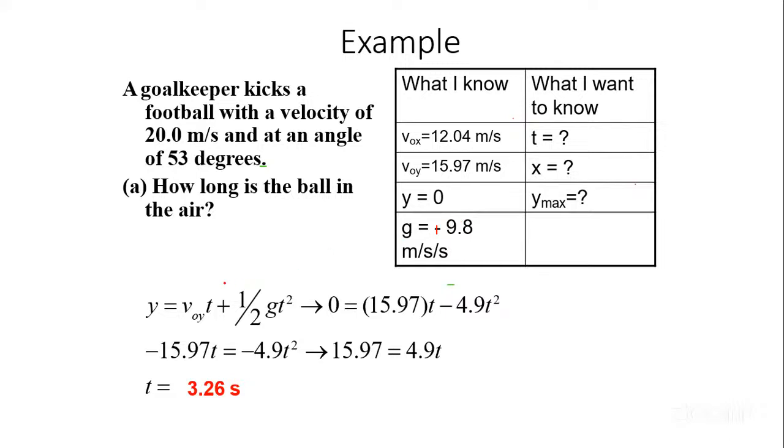So if we substitute all the parameters, initial velocity vertically, we are asked to find the time. So here, if y is 0, this will cross the equality sign.